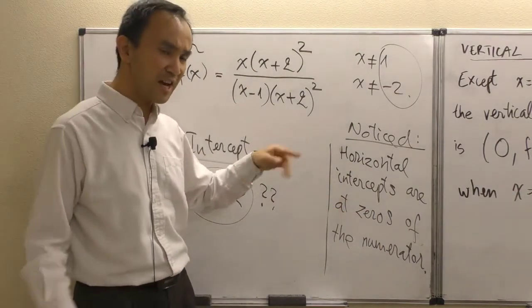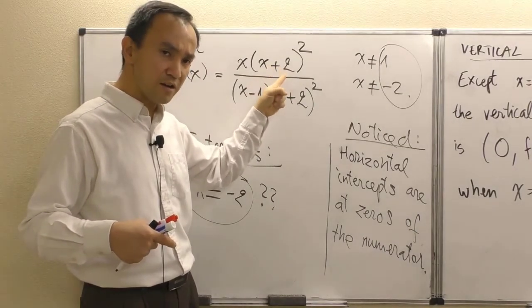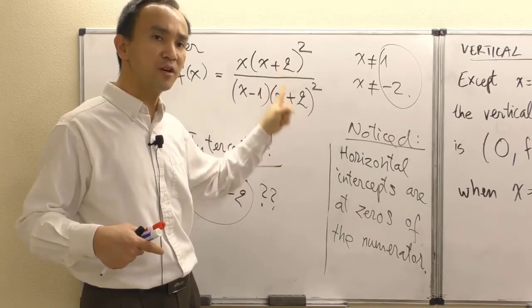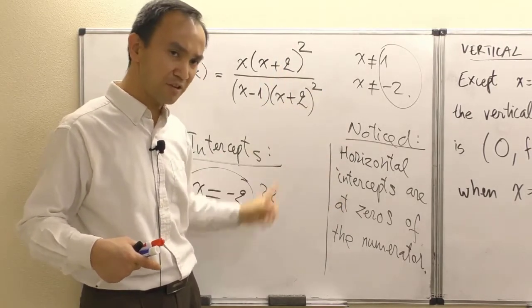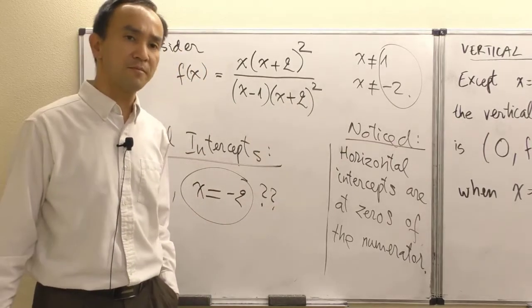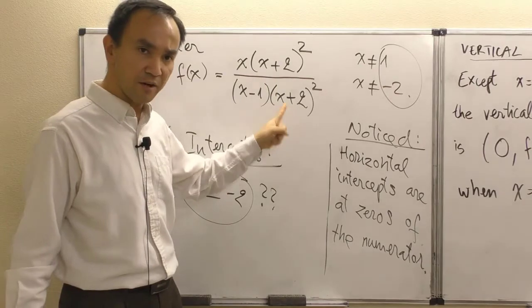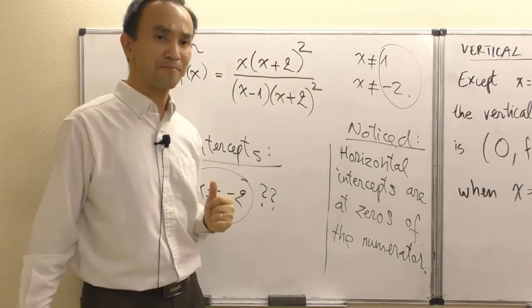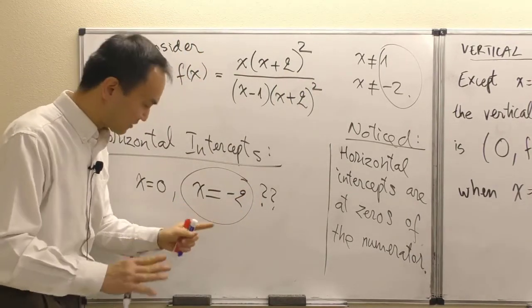But in this case, there's a little problem: some of the zeros in the numerator coincide with some zeros in the denominator. That's what happened in this problem. The 0 from the numerator and the 0 in the denominator gave that hole right there.